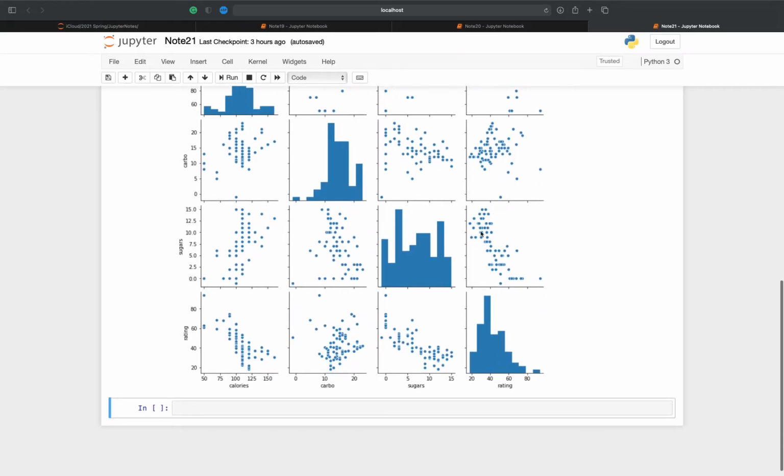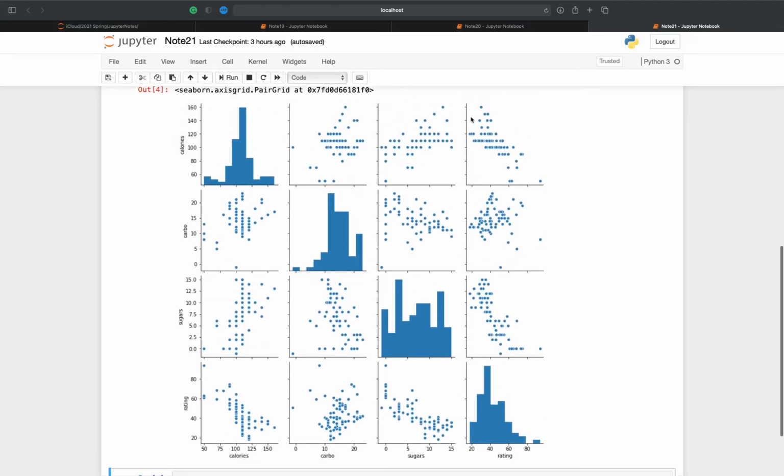So what about this one? Wow, this one is the same. I see a kind of negative slope for this data set, rating versus calorie. Here also I will see a negative slope for rating versus sugar. As rating increases on the x-axis, the sugar will decrease on the y-axis.